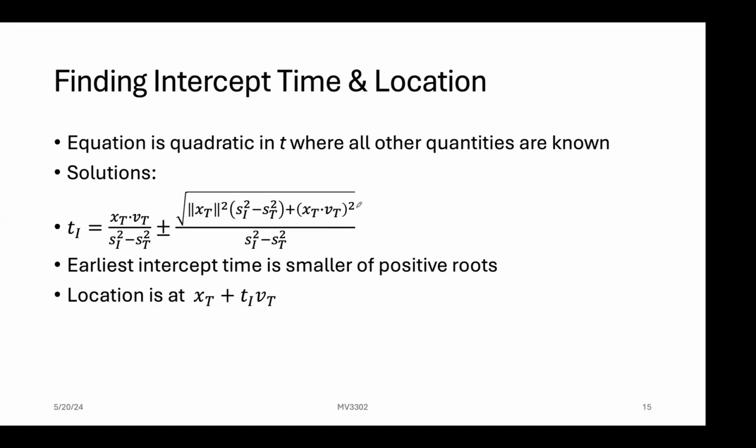So as long as we're faster than the target, we're always going to get real roots, and in fact at least one positive root, though it may be big. The earliest time is the smaller of the two positive roots. If we have a negative and a positive, we go with the positive. If we have two positives, we go with the earliest one.